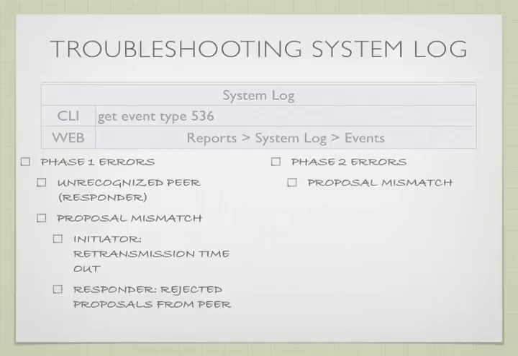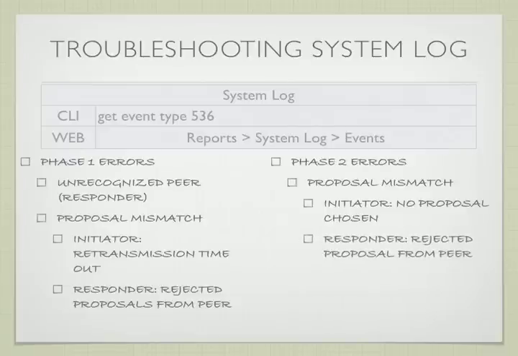Common phase 2 errors are the same thing, a proposal mismatch, and again the initiator will see no proposal chosen for phase 2, and the responder will see rejected proposal from peer.